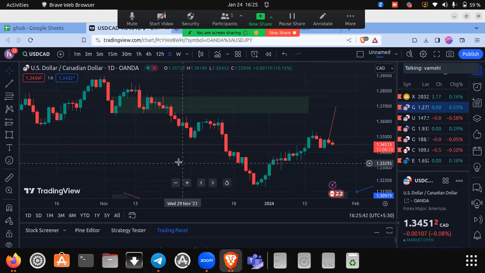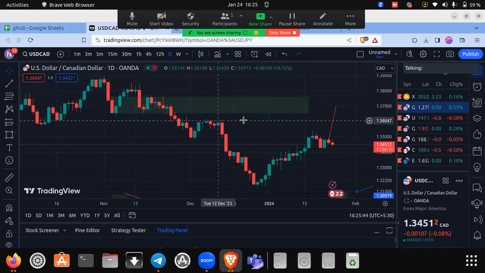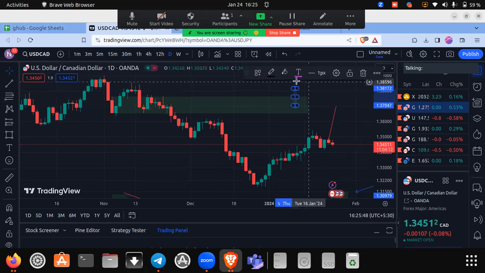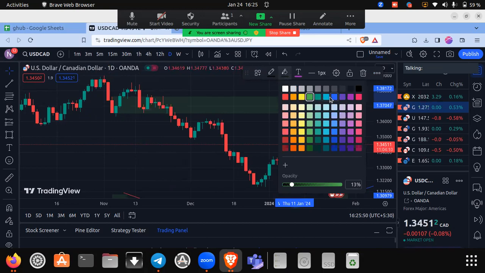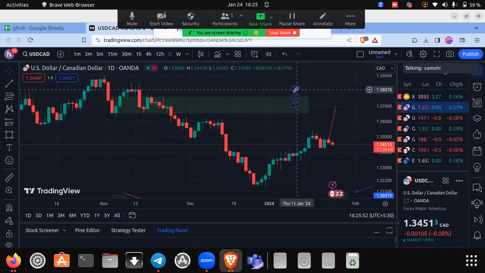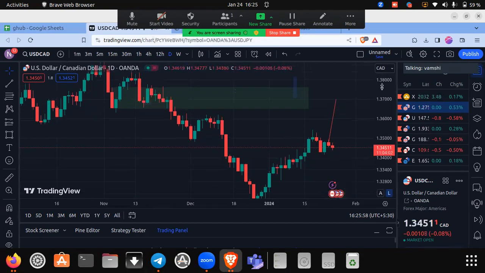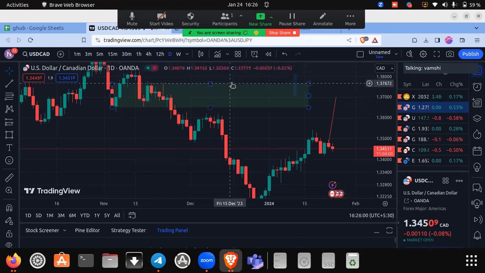Now in future, if the green candle closes above the zone once again, it will become invalid for selling purpose.